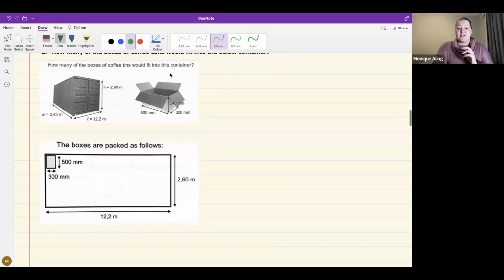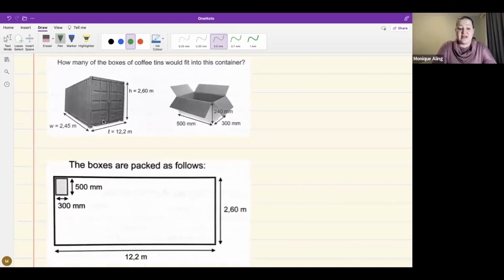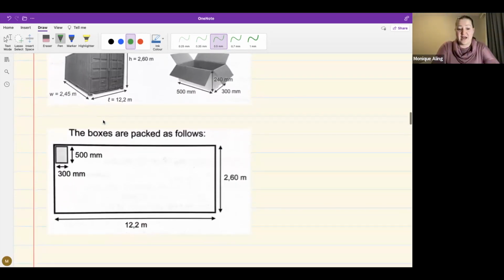So we've got all our dimensions for both the box and the container. They've now also told us how the boxes are going to be packed in this container. So we need to figure out how many boxes can fit into this container if we had to pack it this way. Can you see, we've got the width of our box along the length of our container.